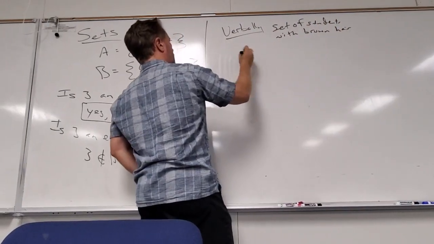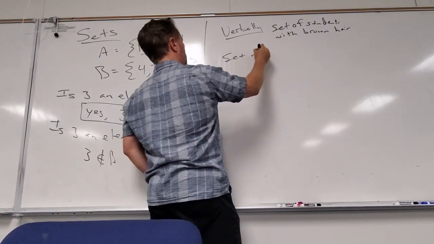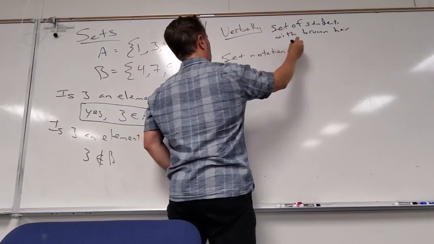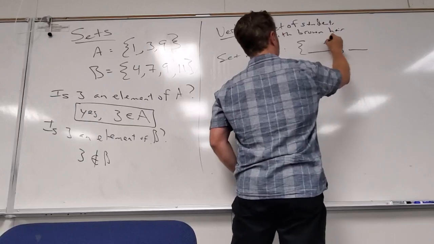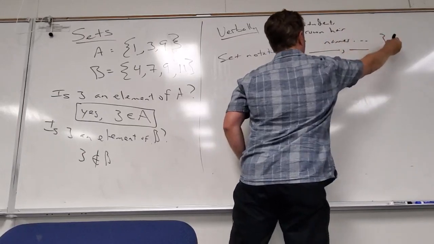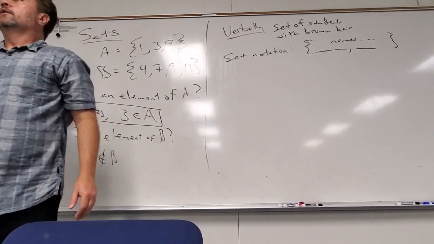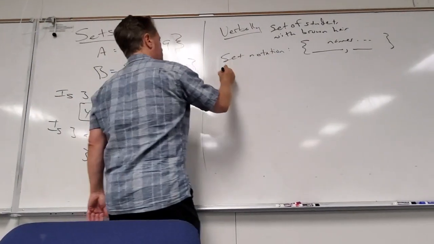Or I could do it in set notation, which would be, I would just start listing names of students. Or I could do something called set builder.